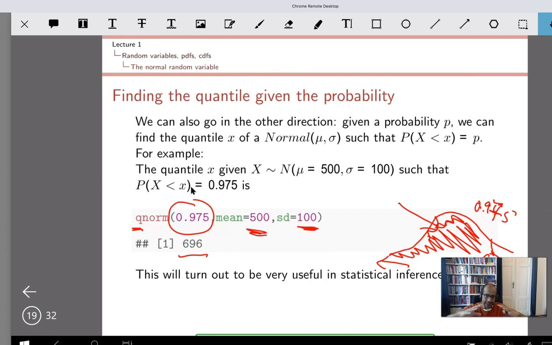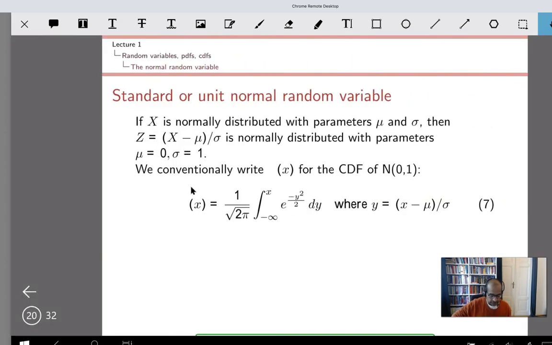So it's important to understand the underlying structure of a random variable when we are actually analyzing data, and the underlying structure crucially involves the probability mass function or the probability density function, depending on whether it's discrete or continuous, the cumulative distribution function, and this qnorm function is a useful function for computing the quantile given some probability. Okay, so these are very useful tools for statistical inference and for understanding what the probability of a random variable is.